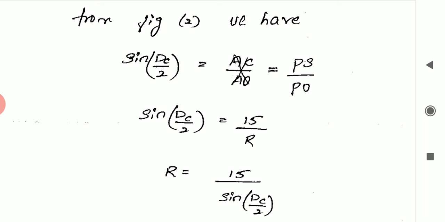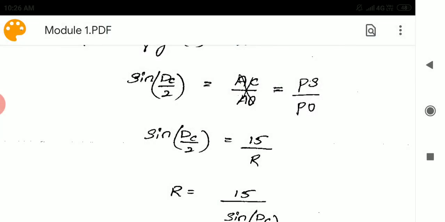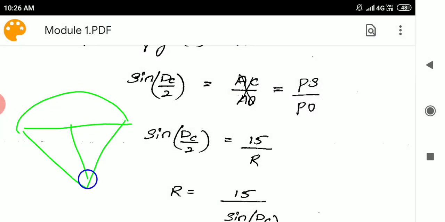So please refer to the diagram, that is the chord definition. See here how we got the chord. This is the chord, no? So in these cases, O, P, Q has DC by 2.